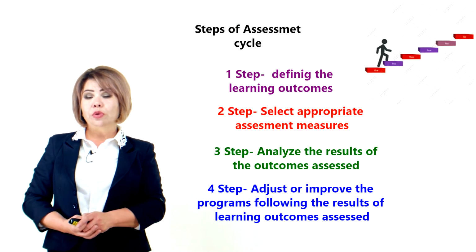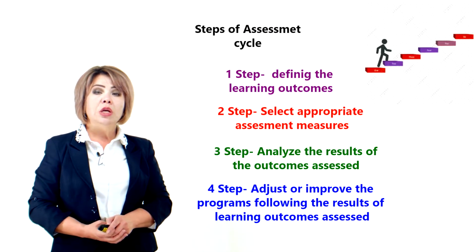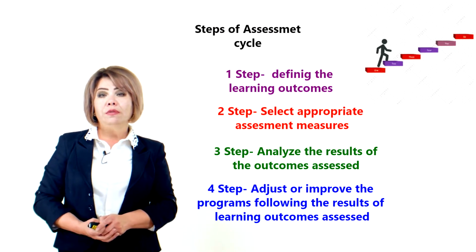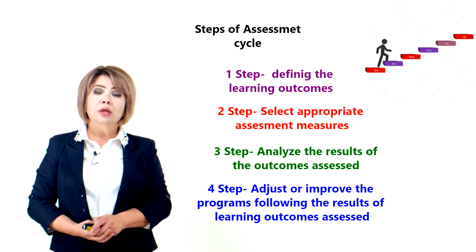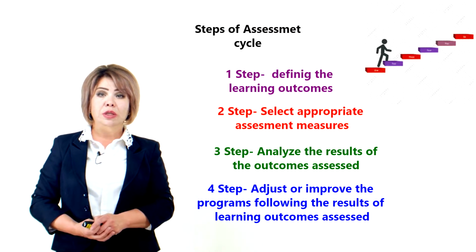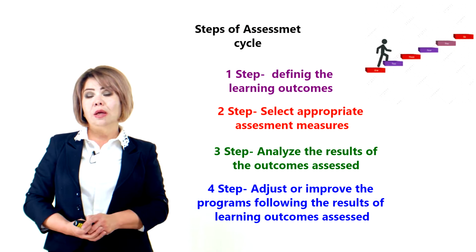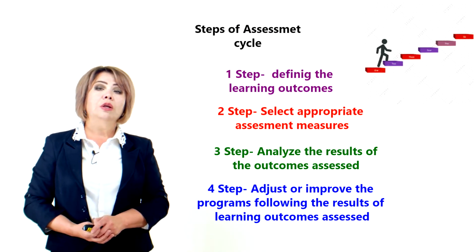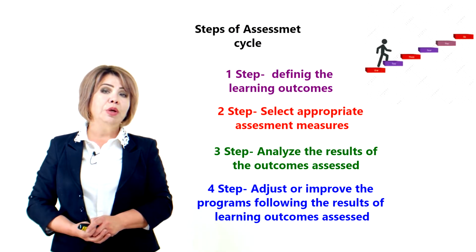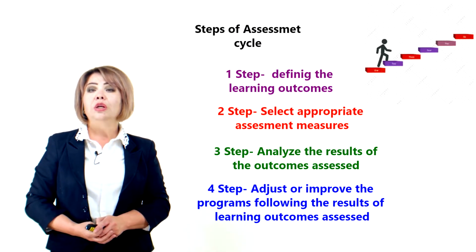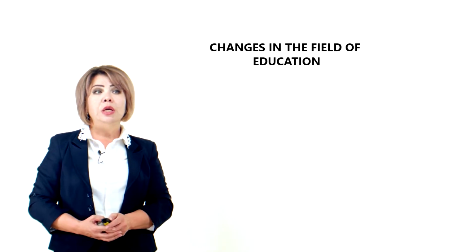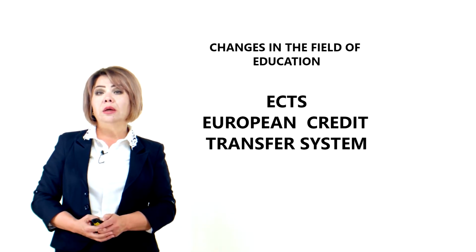Of course, we shouldn't forget about curriculum development, but teachers need to keep in mind every time they teach that not every time is the mistake made by the learner. Sometimes teachers also can make lots of mistakes while teaching. So this step says adjust or improve. What should be done in order to improve, in order to help learners take in that information better? As teachers, you need to be aware of this. The next important thing for language teachers is to always think about improvement.